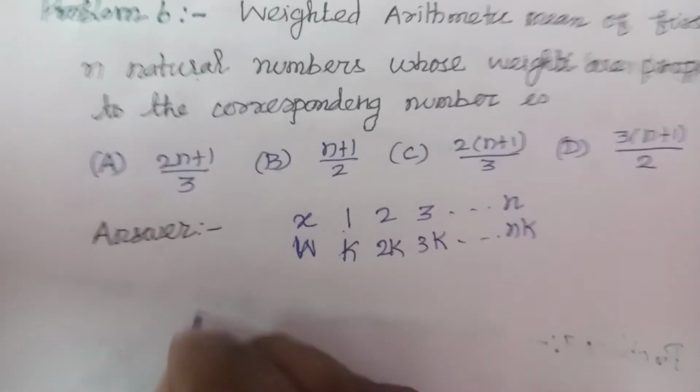Now find the weighted arithmetic mean. The weighted arithmetic mean formula is equal to the frequency formula. Already we know the frequency formula: summation of w x divided by summation of w.